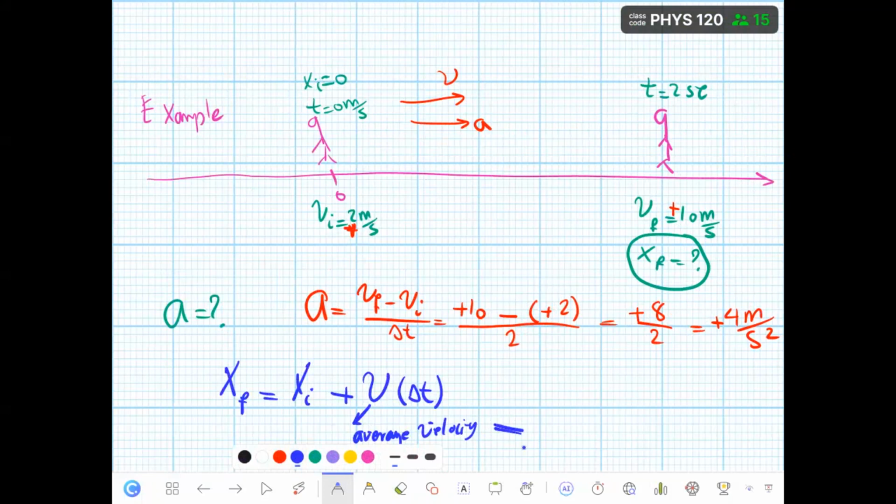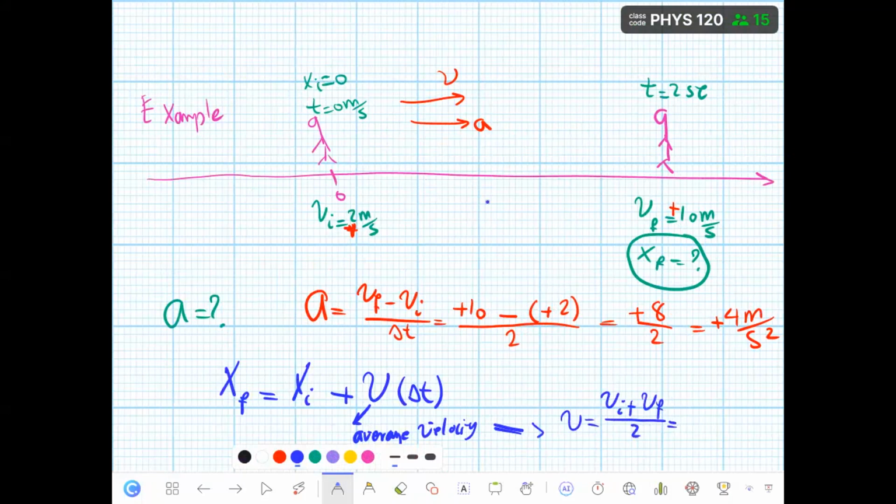How can I calculate it? I have two velocities. You remember the GPA of the class? How would you calculate the GPA of the class? Add all GPAs and divide by the number of students. We have two velocities here. We add both velocities and divide by 2. So the average velocity is going to be Vi plus Vf divided by 2.